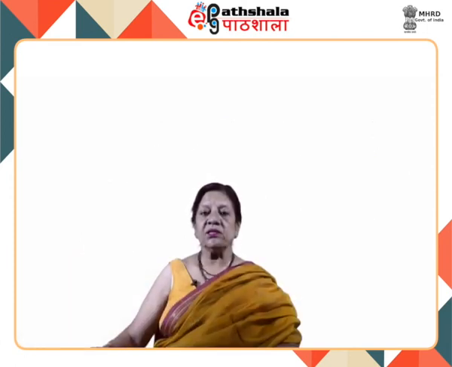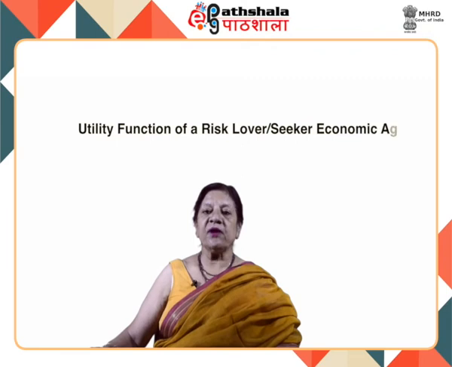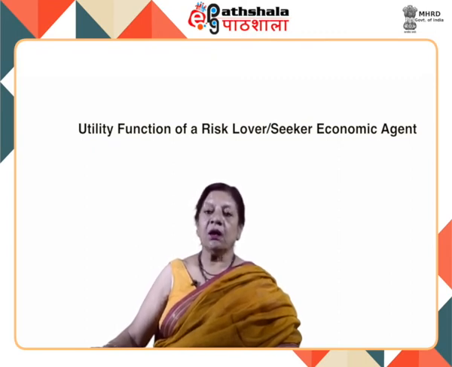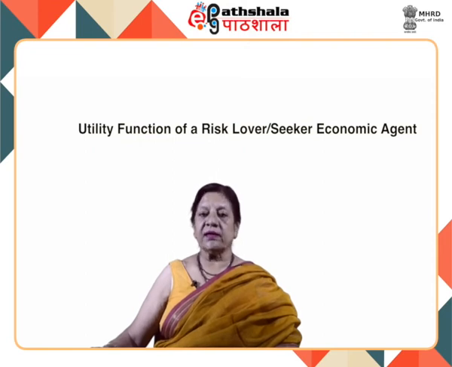Now, let us discuss the utility function of a risk lover, or risk seeker, economic agent. Now, consider a risk lover or a risk seeker. His utility function is convex to the income axis.